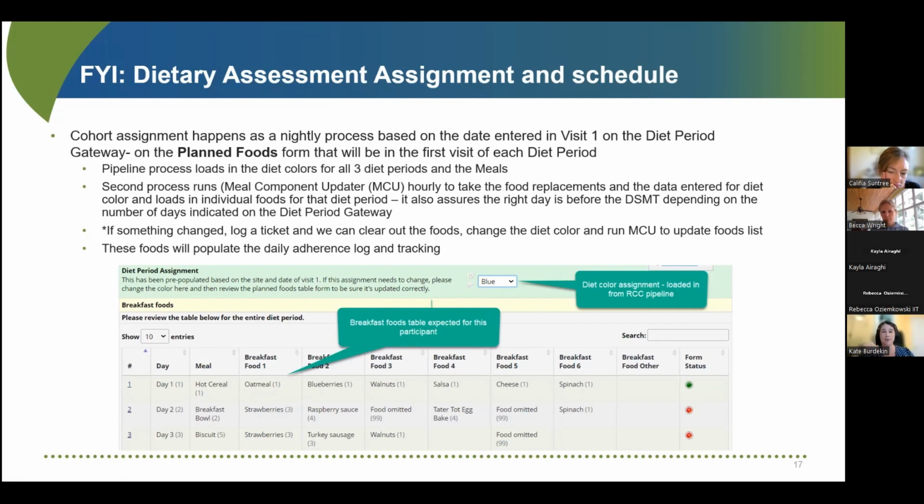So we have a second process that runs. Right now it runs hourly. So overnight, this would get loaded in. While you're asleep, the second step would happen, where it looks at the information in here, it looks at the color, it looks at the meals, it looks at the food replacements, and it loads in the foods. So in most cases, what we hope is you will come in here the next day and take a look and make sure everything looks good, but you won't have to enter anything is our goal.